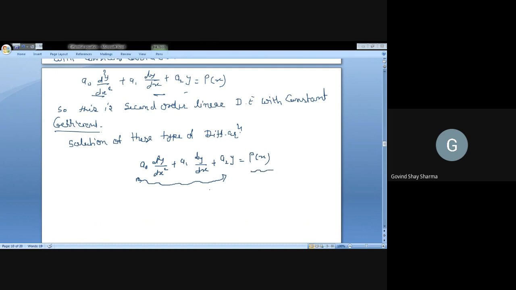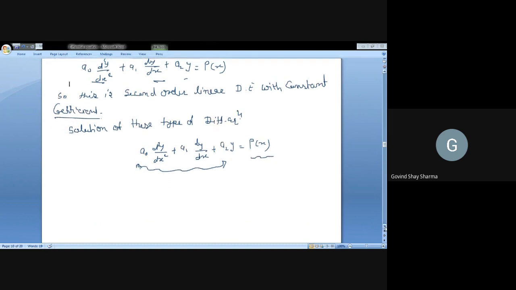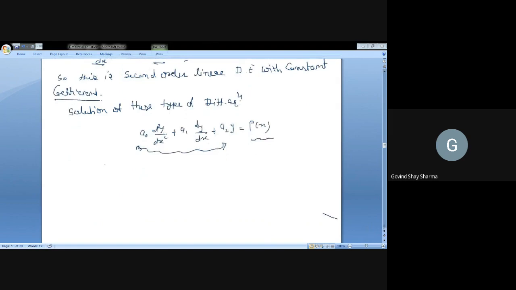The solution is divided into two parts. The complete solution is CF plus PI.